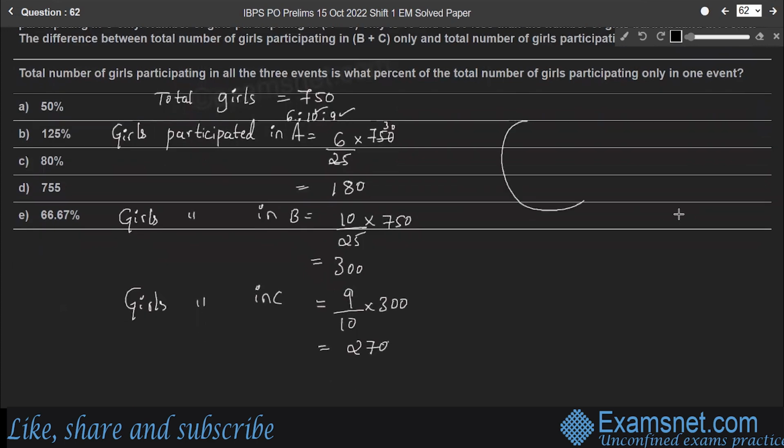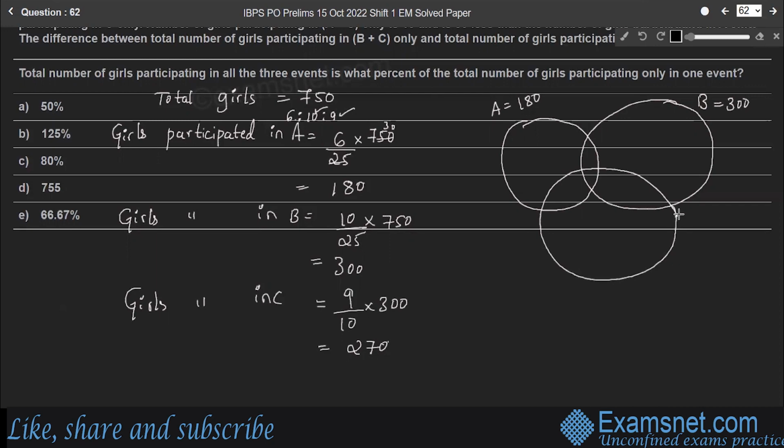So let us consider event A, B and C and number of girls in Venn diagram, right? So I'll consider this set is set of event A, in which number of girls are totally 180, and set of girls participated in event B. So there are 300 girls and there is a set C. Event C set, total number of girls in event C are 270 girls, right?